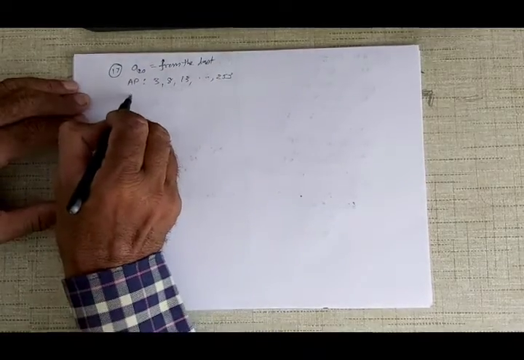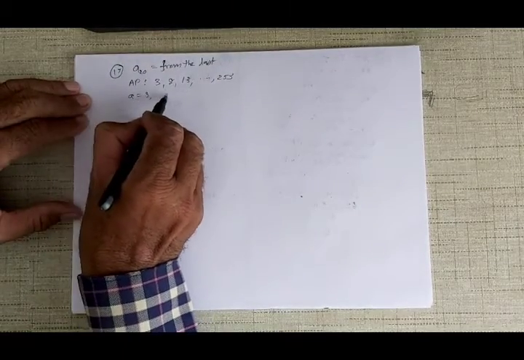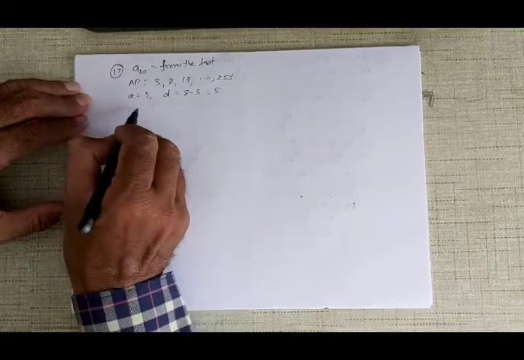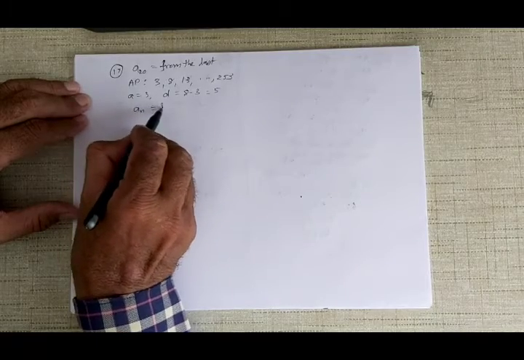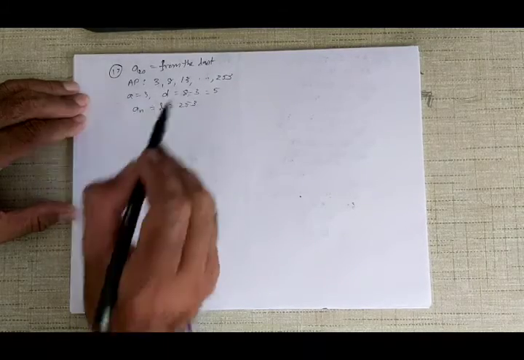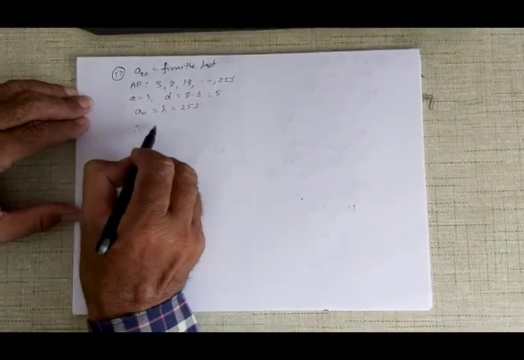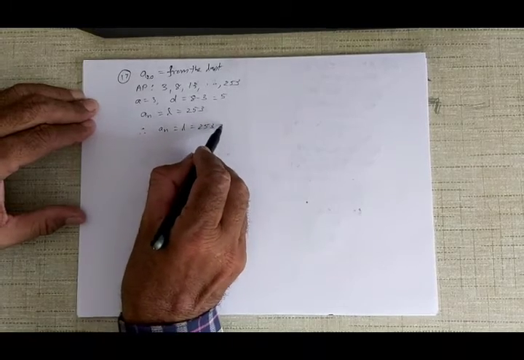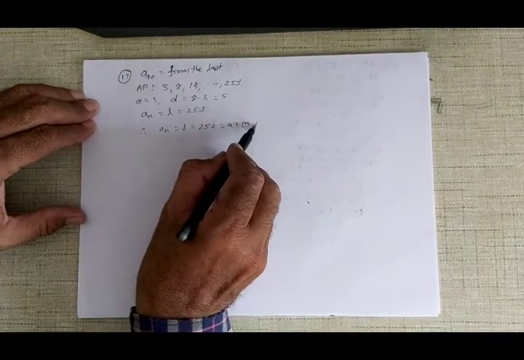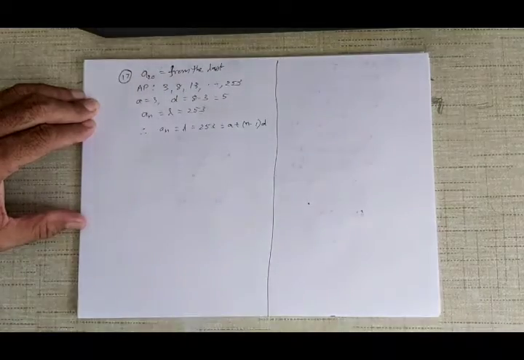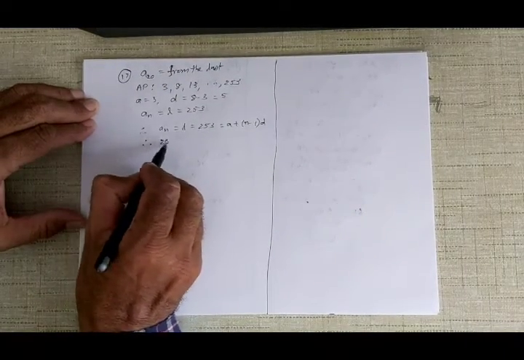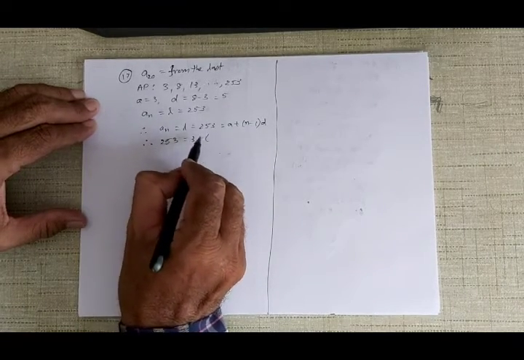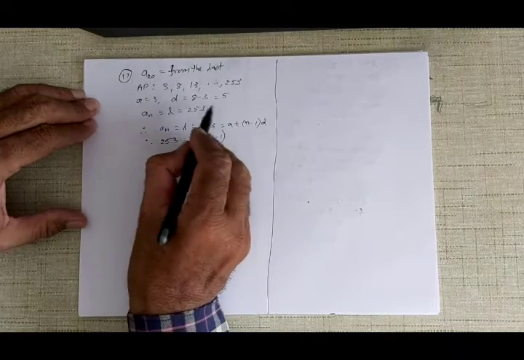Alright, so what is given here? Here we are given A is equal to 3. Common difference is 8 minus 3, that is equal to 5. And a of n, that is the last term, is equal to 253. So now what can we do? Therefore, a of n, the last term, 253 is equal to A plus n minus 1 into D. 253 is equal to A की वैल्यू 3 है, plus n minus 1, and D की वैल्यू you can see is 5.